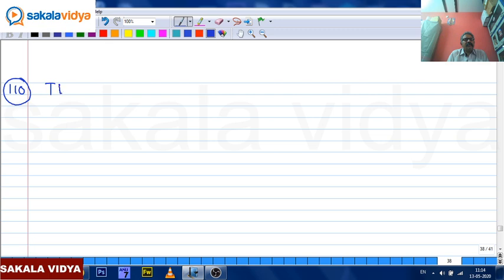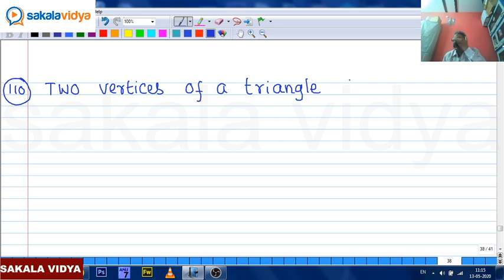Two vertices of a triangle are 5 comma minus 1 and minus 2 comma 3.